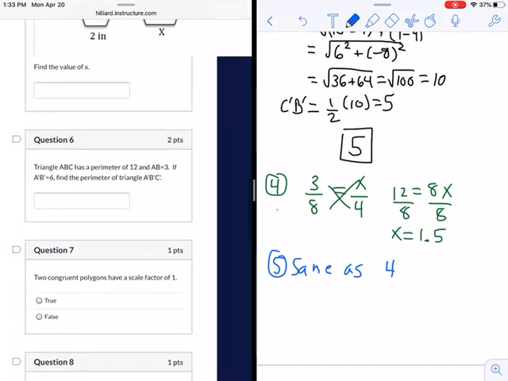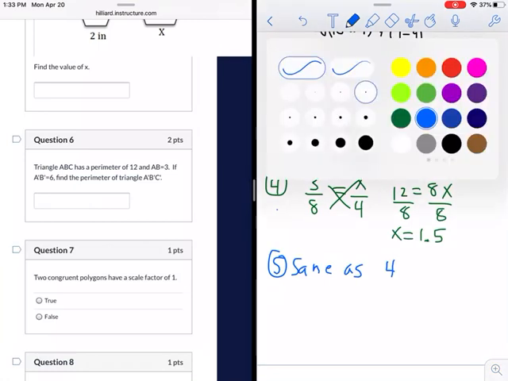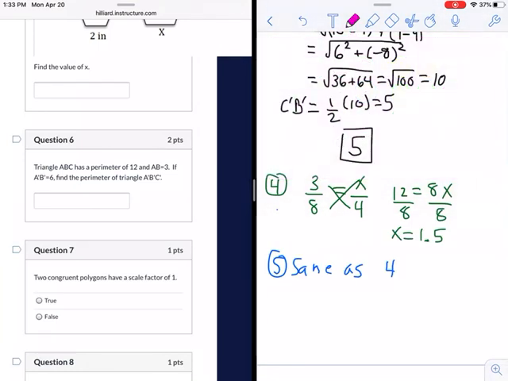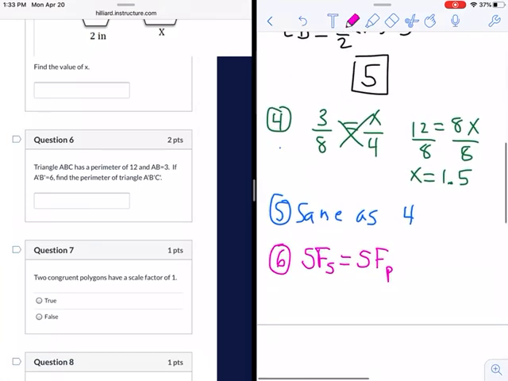Alright. Number 6. Looking at this one right here. Remember, scale factor of sides, if you do a ratio of sides, it's going to be the same as scale factor as a perimeter. Remember, perimeter is just a sequence of sides. Alright, it's just a bunch of sides arranged into a figure. Alright, so let's look at this. We got the perimeter of ABC over a side length of ABC.